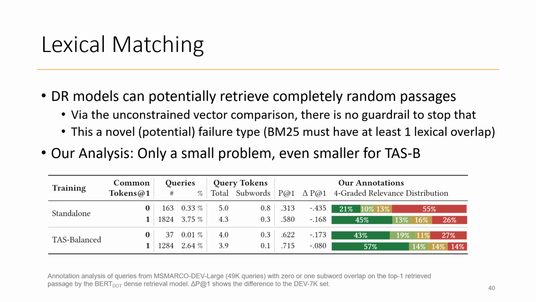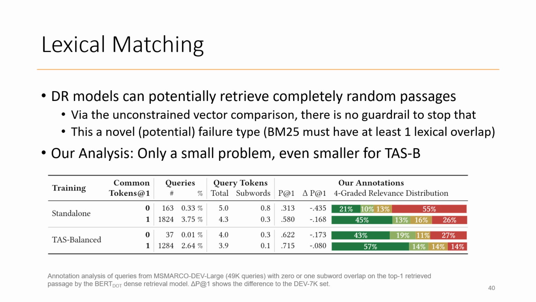So this is a novel failure type that BM25 does not have, because with BM25 we need at least one lexical overlap so that a passage is returned from the inverted index. And we now analyze if this problem is something that we have to look out for in dense retrieval models.